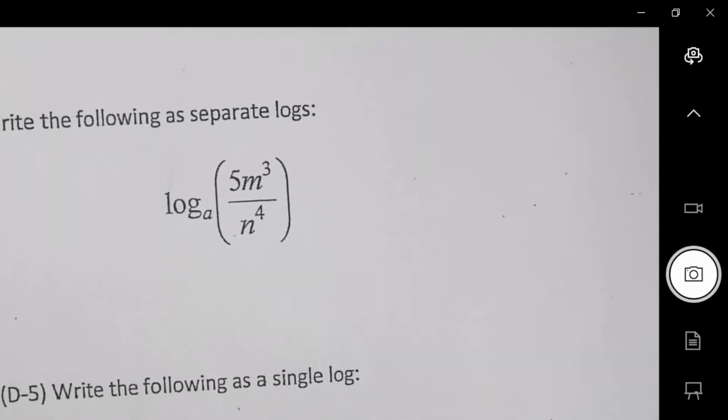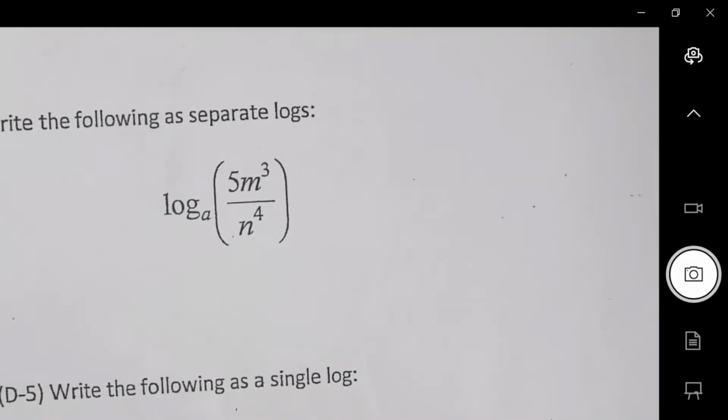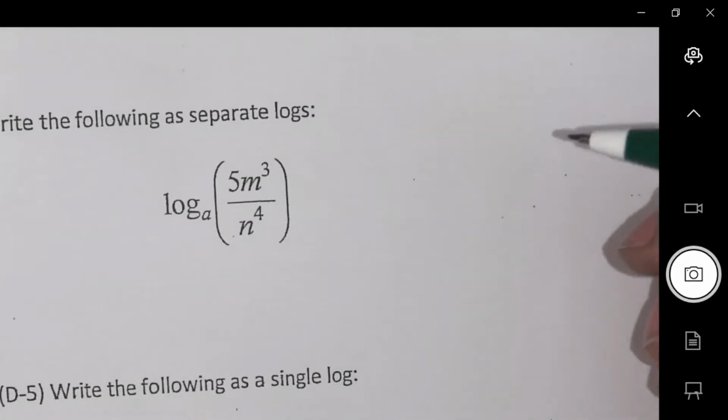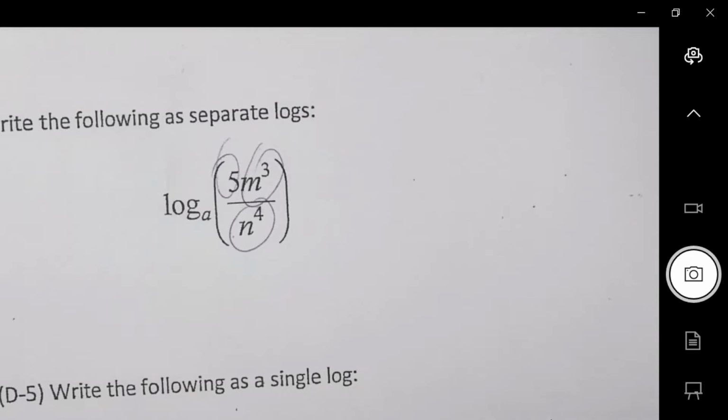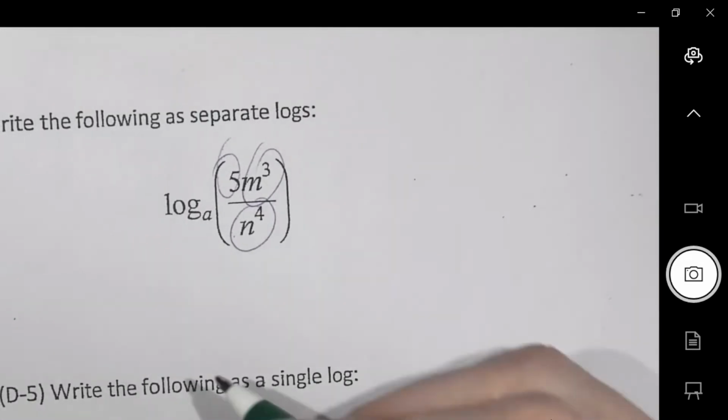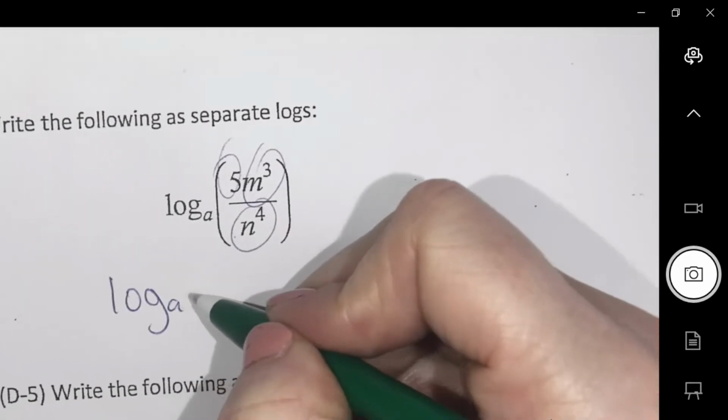Okay, write with a separation. So how many different units are there going to be when I separate? How many? 3. 1, 2, 3. There's going to be 3 separations. So log A5.